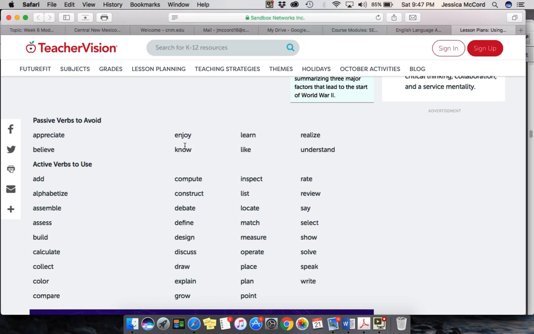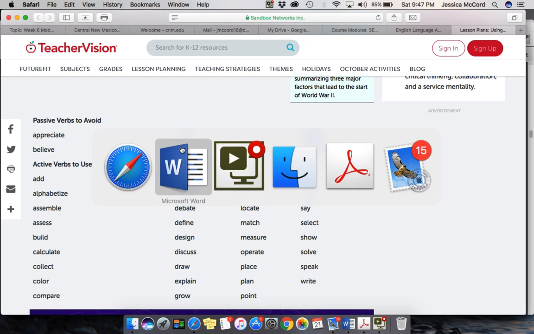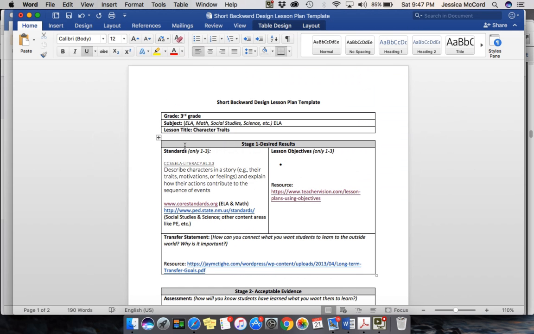And so you need to think about how you will actually see your students demonstrate what they have learned to you. And so here I'll write a lesson objective that says students will identify the traits of one character in a story of their choice.